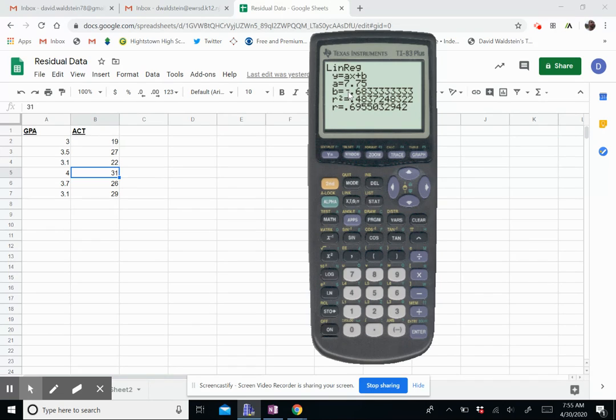Now, you can't get a negative ACT score, so basically we would not want to use the equation that far. That would be what's called extrapolation, where we go outside of our range. So we want to stick around our 3 to 4 range here.